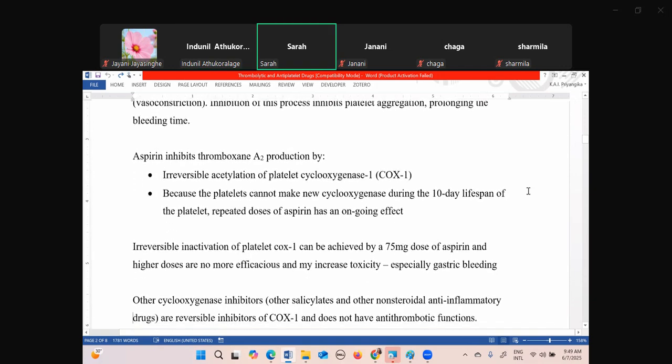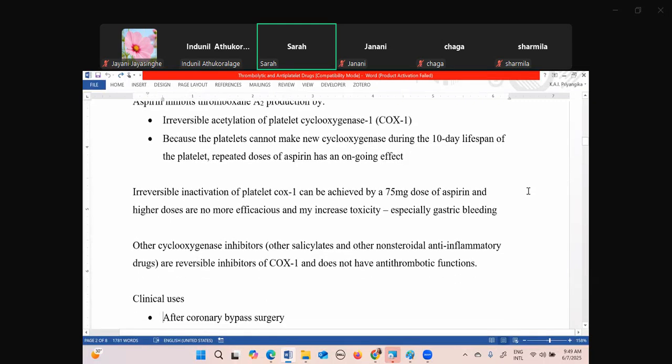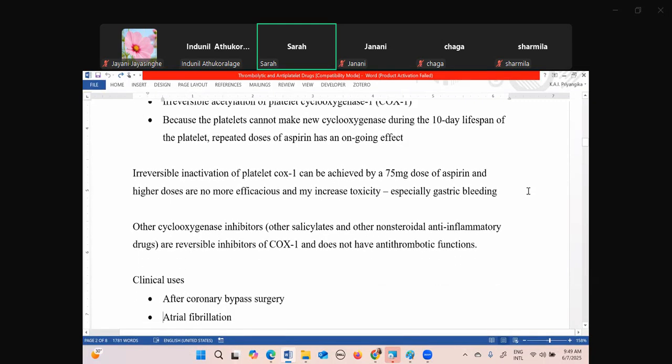In case of stroke or something, they used to give a stat dose of 300 milligram aspirin, no? Pardon me? In case of stroke, transient ischemic attack or stroke. What is the indication?